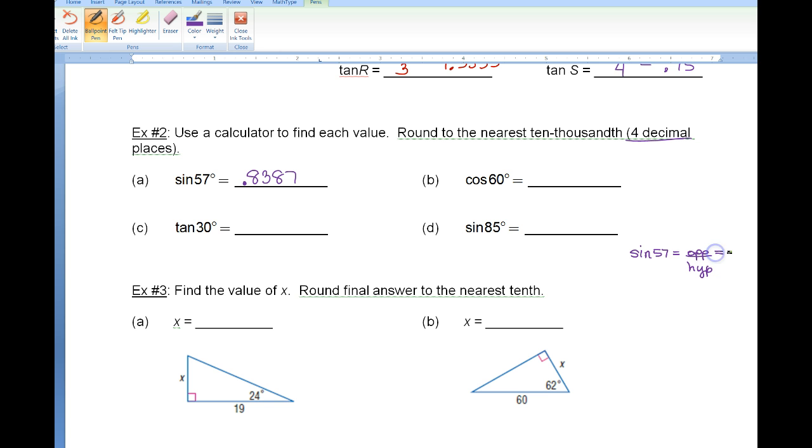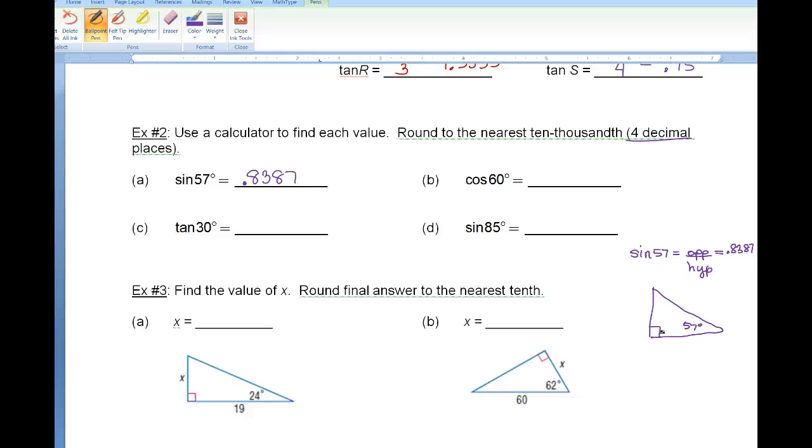So if I end up with 0.8387, what that means is if I take any right triangle with an angle of 57 degrees, the ratio of the opposite side to the hypotenuse is 0.8387 to 1.